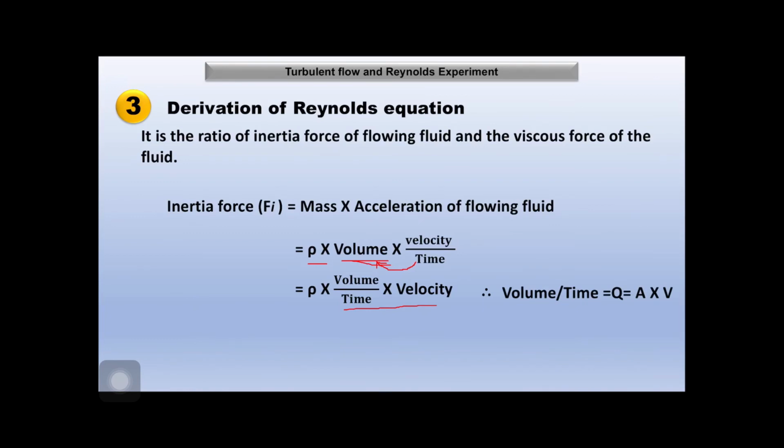We know that discharge is equal to the area into velocity from the continuity equation. So this volume by time is going to be replaced by Q, and Q is nothing but A into V. So this equation finally becomes rho into A into V squared. Let us consider this as equation number 1.